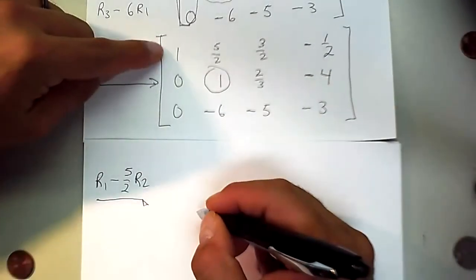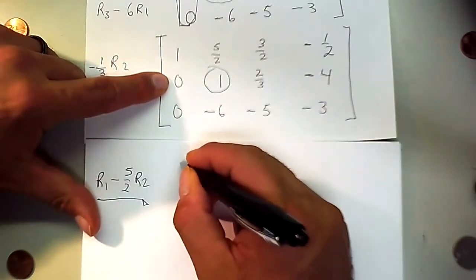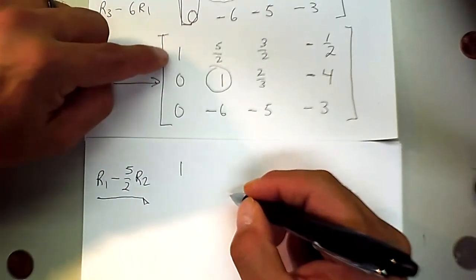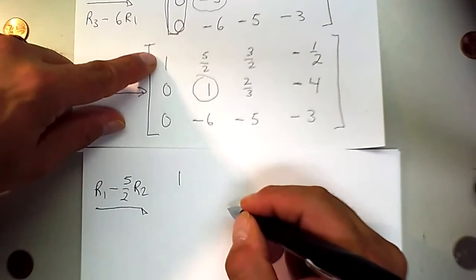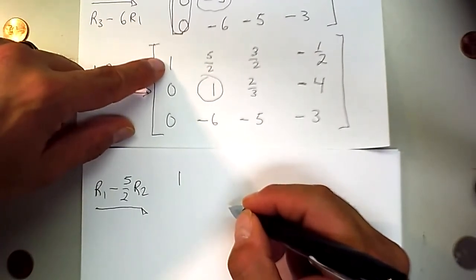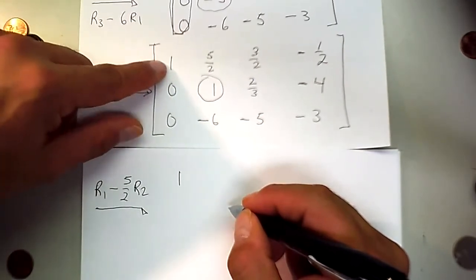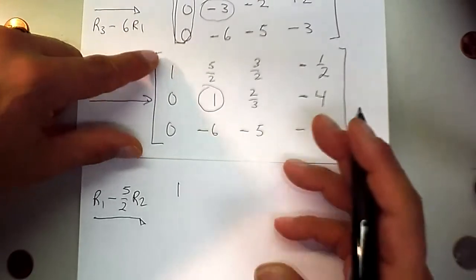Okay, so 1 minus 5/2 of that, still 1. And that's the beauty of going from left to right with zeros there. This one is not going to be messed up. This is kind of like getting your hairdo done, and then you already showered, so when you change to your clothes, your hair is still going to look great.